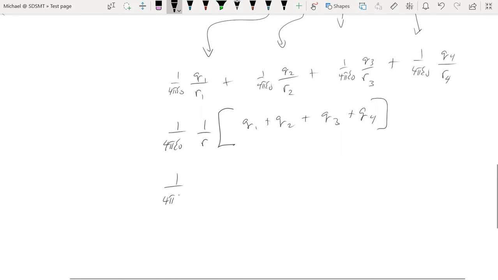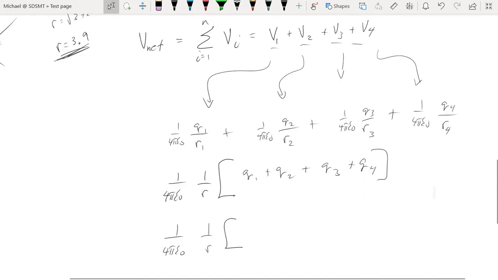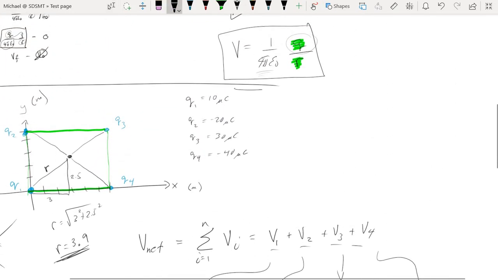We have 1 over 4 pi epsilon naught, there's R, and then we just have the sum of the charges in the system. Well, here's our charges. We've got 10 minus 20 plus 30 minus 40.